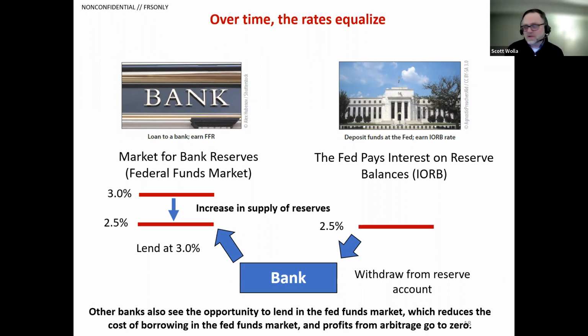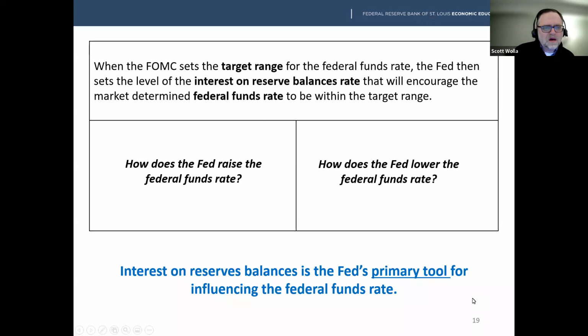So really arbitrage ensures that any gap between these two rates gets closed quickly. And so because of this, the Fed can simply move the interest on reserve balances rate higher and lower, and it will steer the federal funds rate higher and lower along with it.